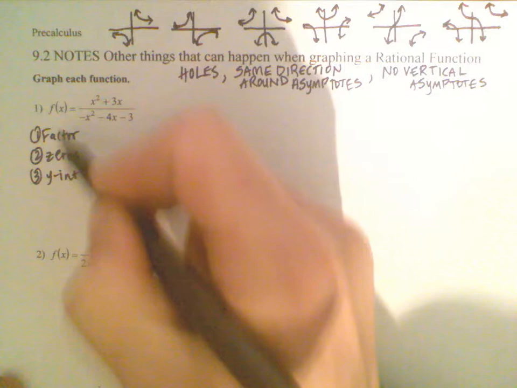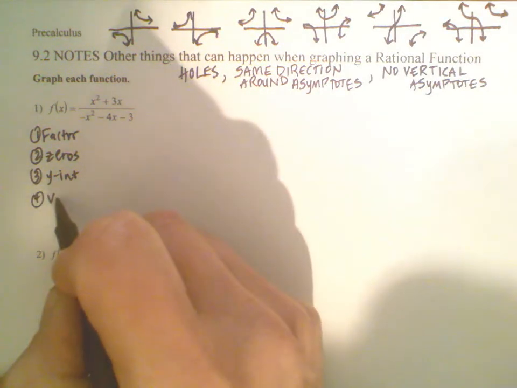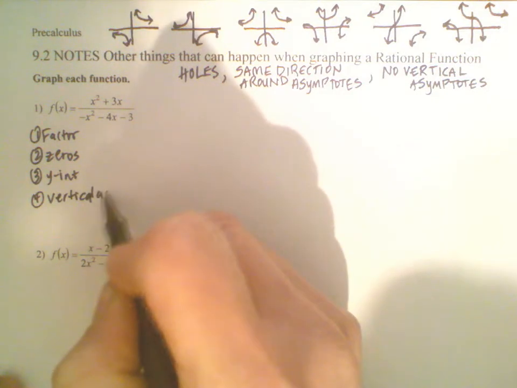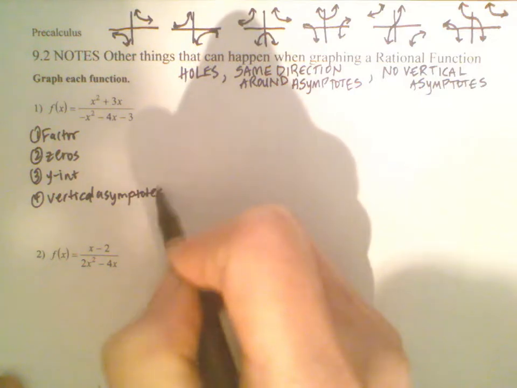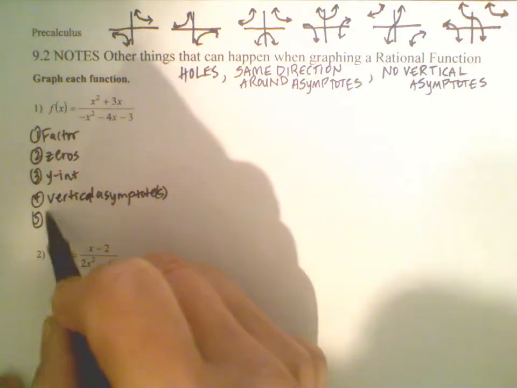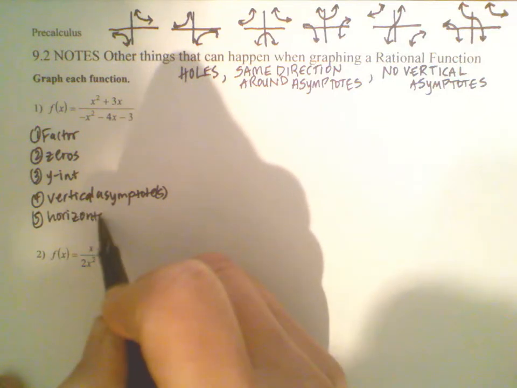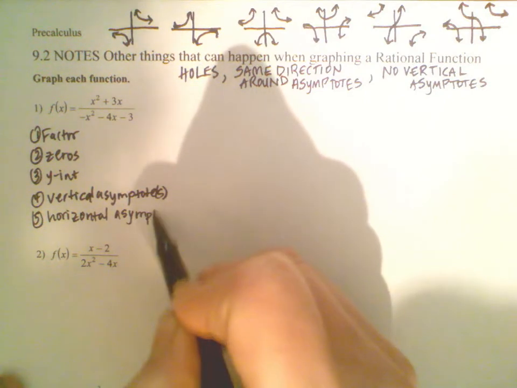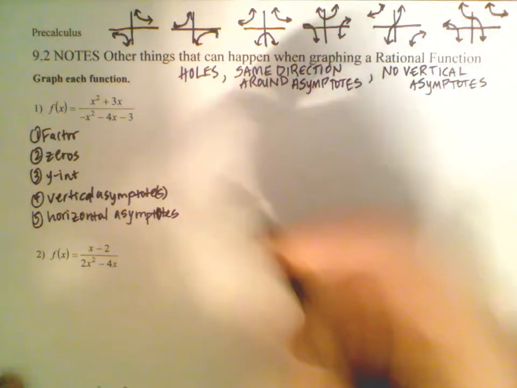Not necessarily in this order, remember. The fourth thing that we're going to look for is our vertical asymptotes. There could be multiple. And then the last thing that we're going to look for is our horizontal asymptotes, if they exist, and we'll talk about that too.